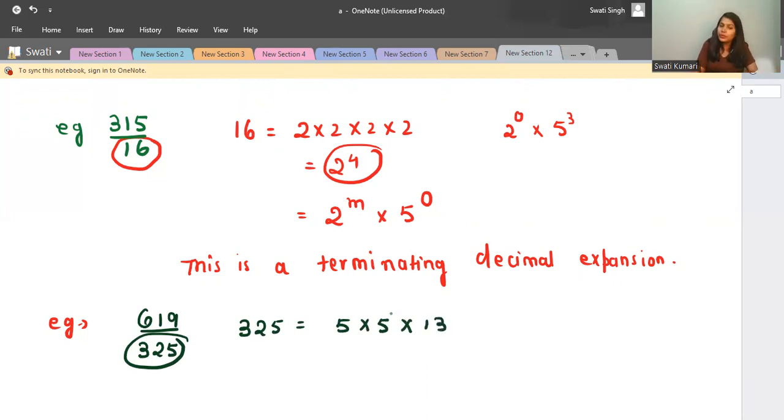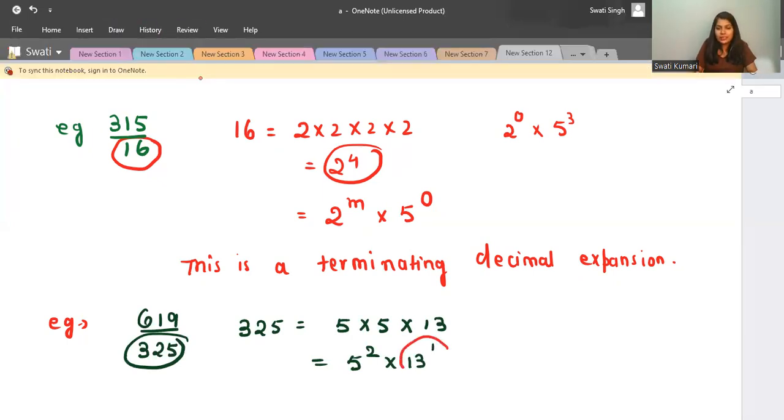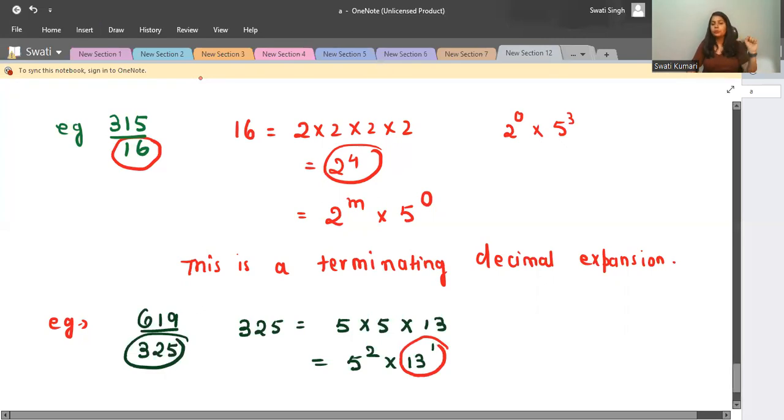Here you can see that the form is 5 square into 13 raised to 1. But here, this is the problem. This 13 raised to 1 is the problem.